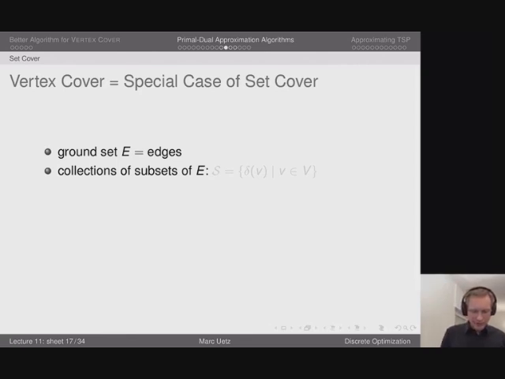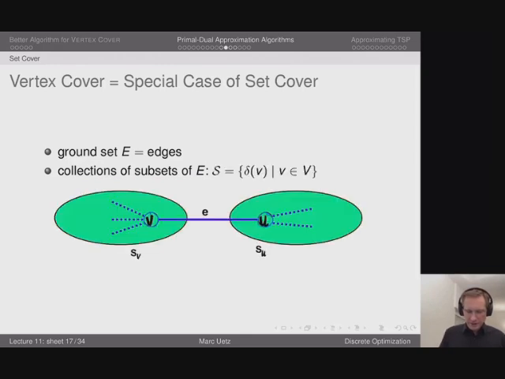Well, in the vertex cover problem, our ground set is the set of edges of the graph, and we are selecting vertices to cover the edges. I only have to reinterpret a vertex that I select by the corresponding edges that it covers, right? So the collection of subsets that I'm allowed to choose in the vertex cover problem, well, that would be the subsets corresponding to the edges incident with a given vertex.